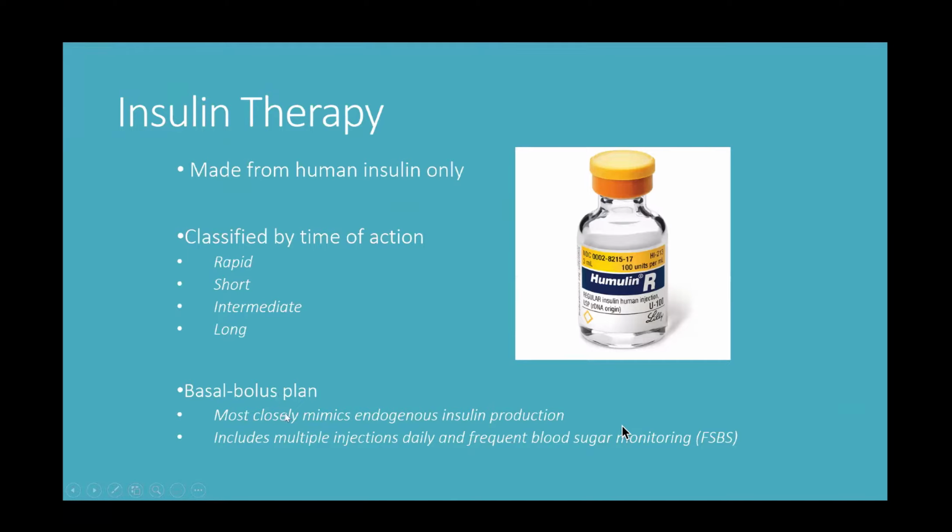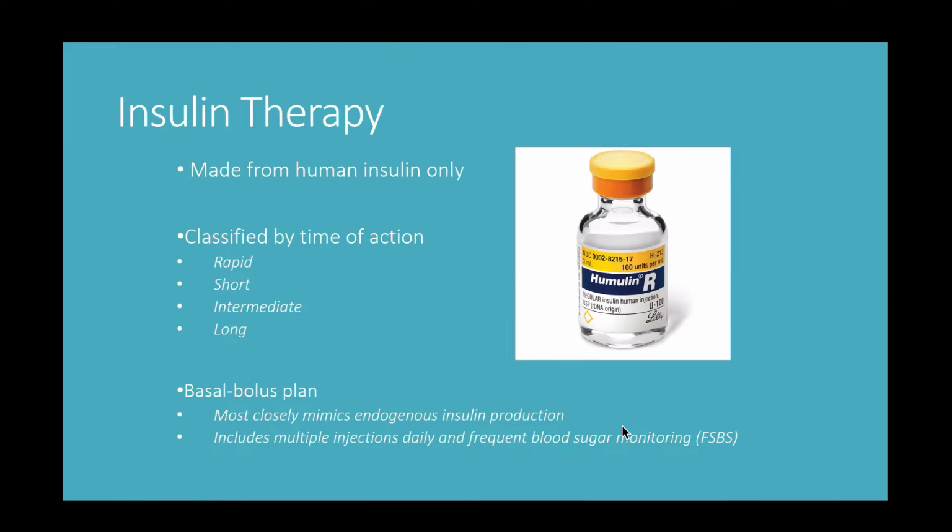Basal bolus, this is becoming much more used now. The more evidence we find in the research, the more often we can mimic the natural body, the better control we have. And so we saw earlier that insulin is released periodically throughout the day, normally from the pancreas, along with eating.